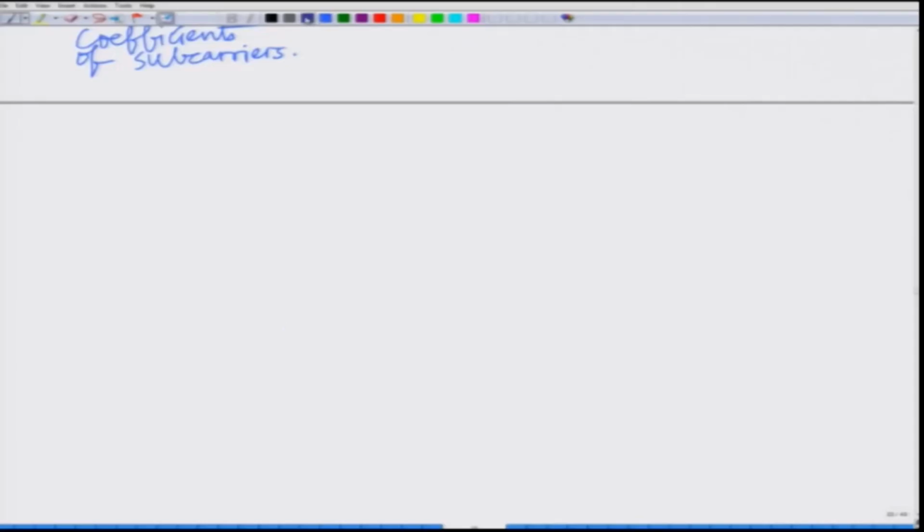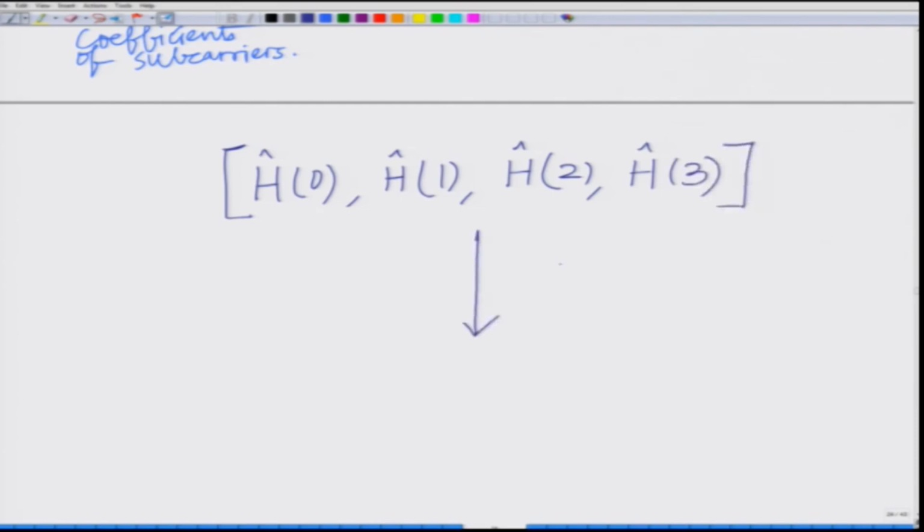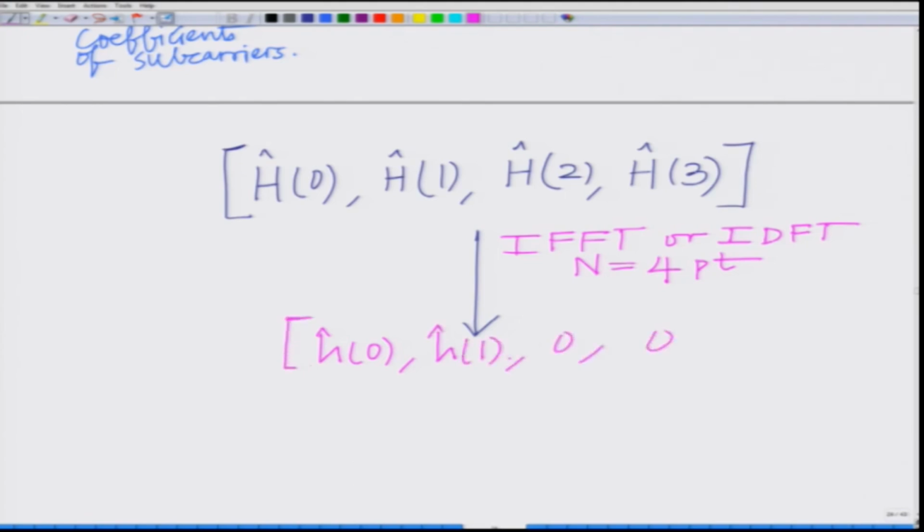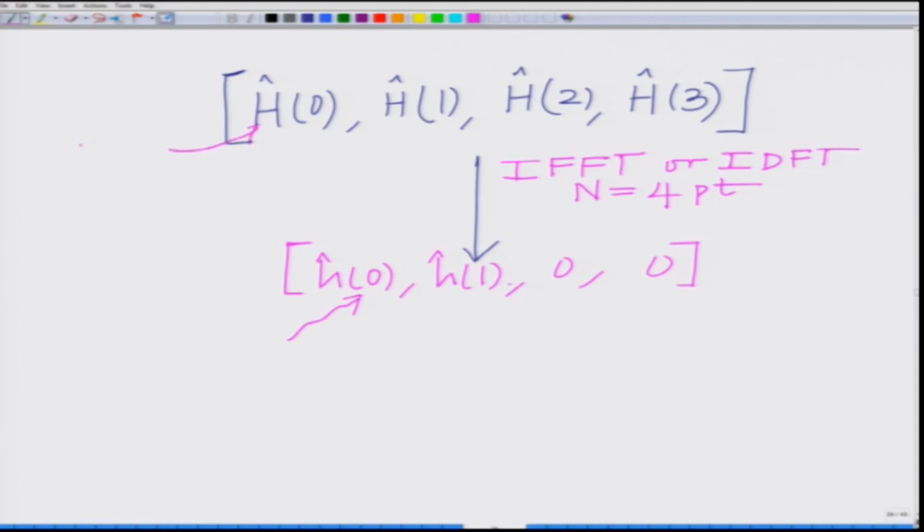Naturally, I have h hat of 0, h hat of 1, h hat of 2, h hat of 3, and I basically take the N equal to 4 point IFFT or IDFT to get back the estimates of the channel taps. These are the estimates of the subcarrier coefficients.